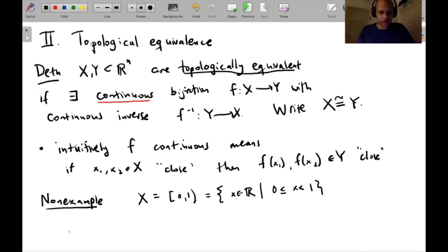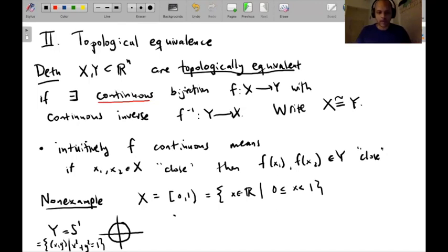And let's take Y to be the unit circle. So this is points (x, y) in R2 with x squared plus y squared equals 1. Sorry, this is too small a space, but okay.